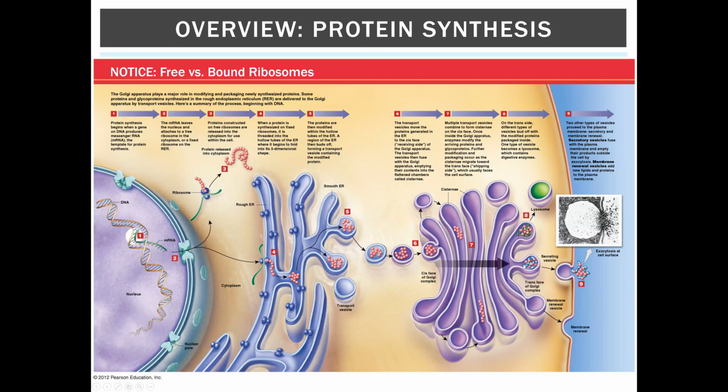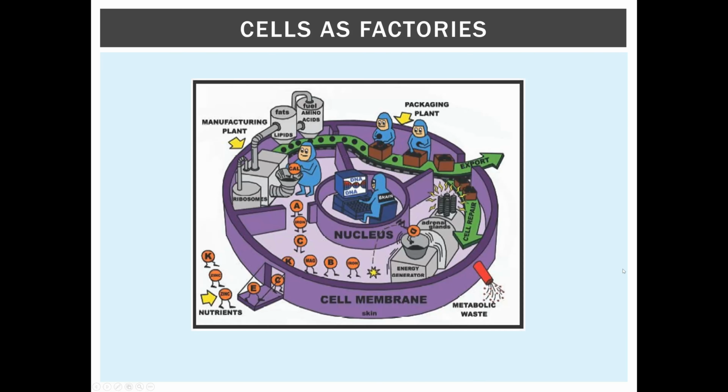Then it is packaged again. And in some cases, it is packaged and secreted to the outside of the cell. For example, insulin is a protein, and with this pathway, you would secrete insulin to the outside of the cell so it could go into the bloodstream. And sometimes the digestive proteins are used to make new lysosomes. So that is an overview of the whole protein synthesis process.